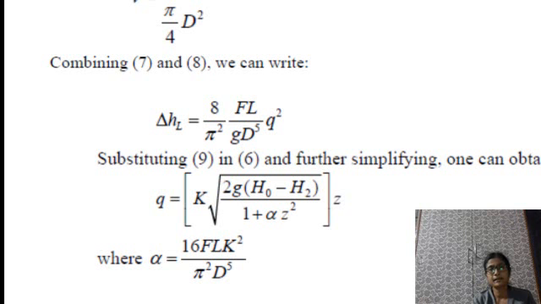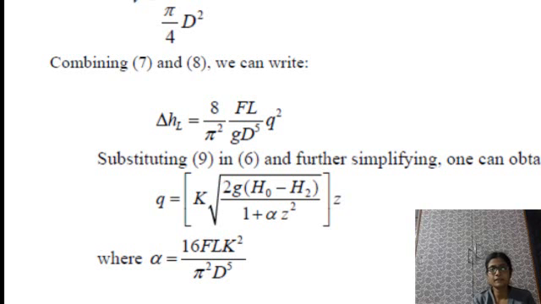So the head loss can be calculated from this relationship, that delta HL is f, the frictional coefficient, L by D, where L is the length of the pipe as shown in the figure, D is the inside diameter of the pipeline, and V is the velocity, so V square by 2g.